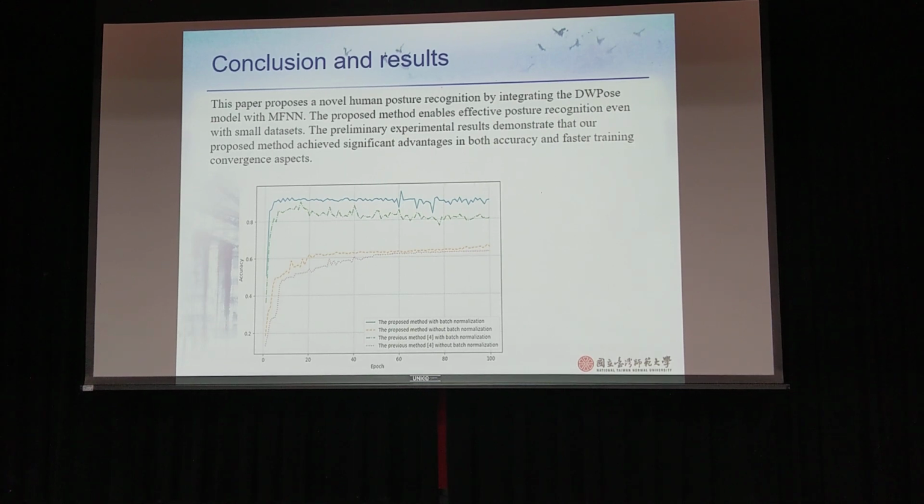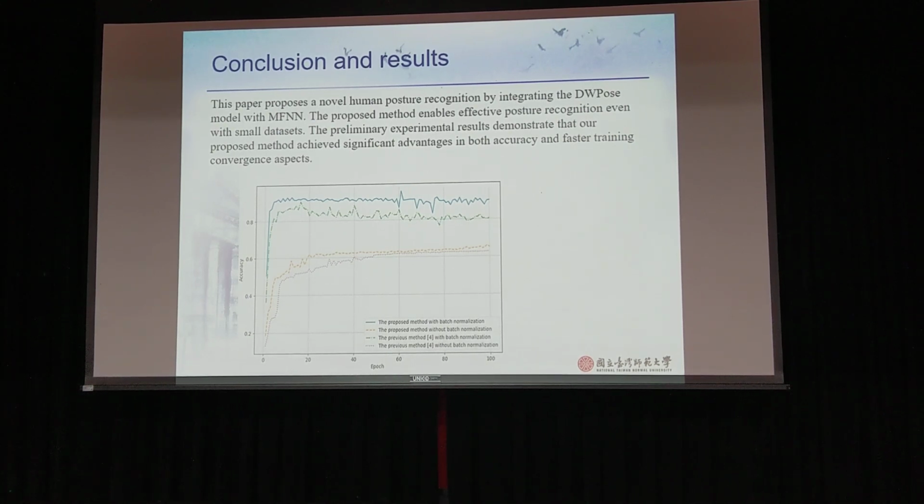And this paper proposes a novel human posture recognition by integrating the pose estimation model with the merged fuzzy neural network. The proposed method enables effective posture recognition even with small data sets. The preliminary experimental results demonstrate our proposed method achieves significant advantage in both accuracy and faster training convergence aspects.